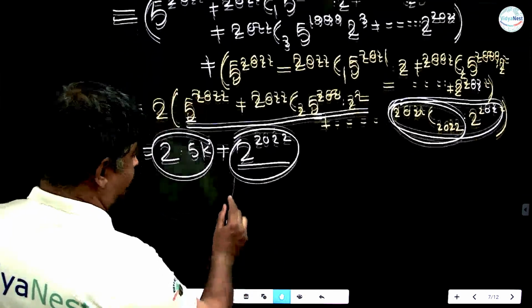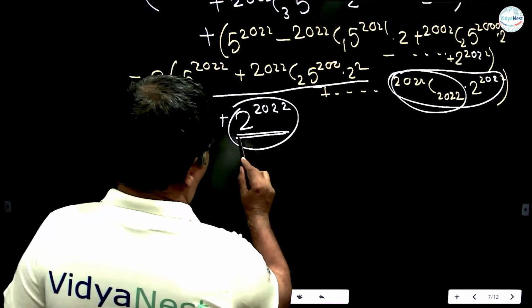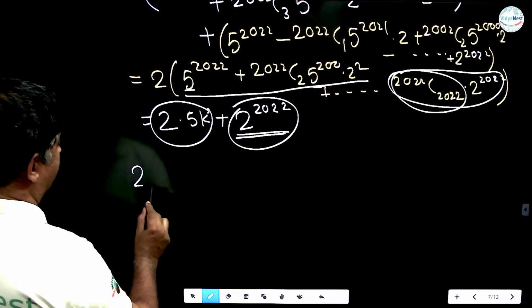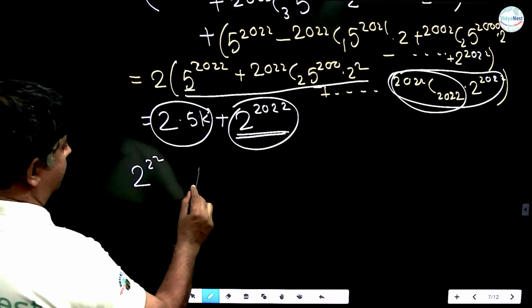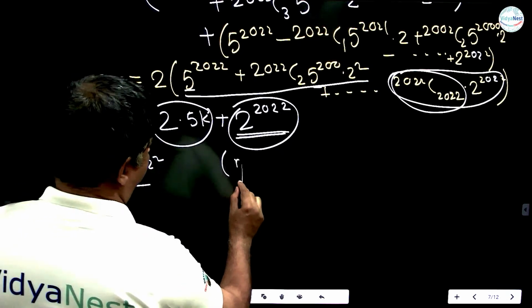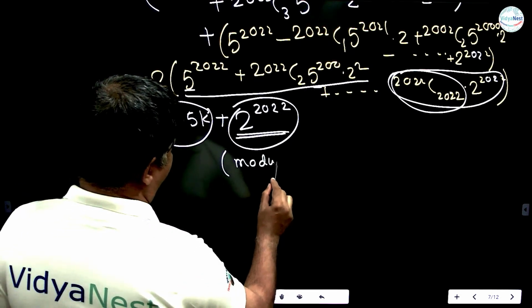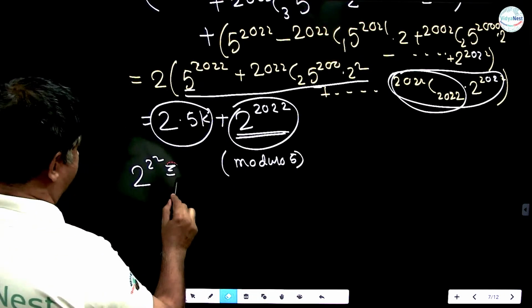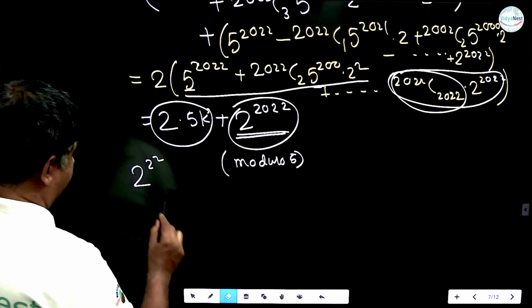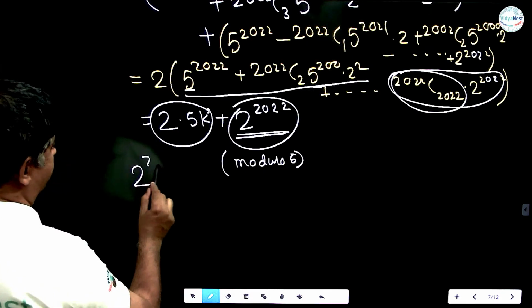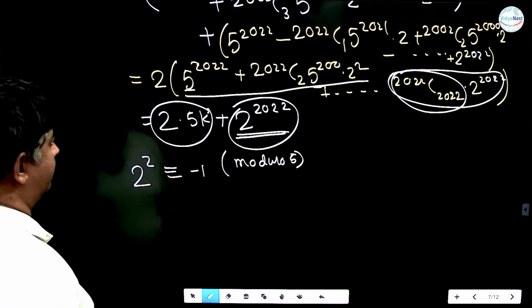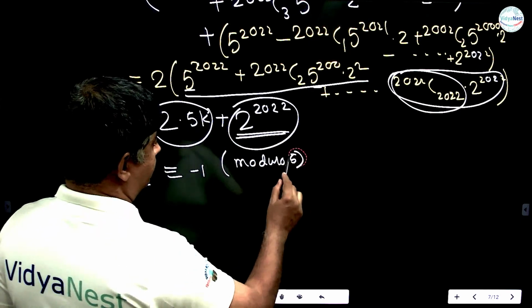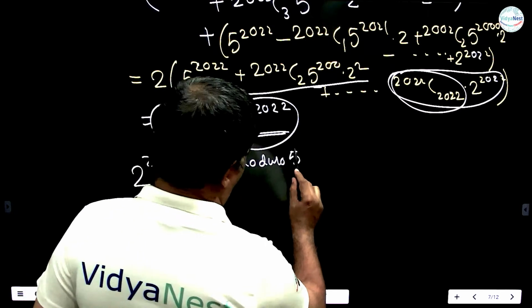See, 2 square, if you divide by 5, it is called modulo. Remainder is -1. 2 square when divided by 5, remainder is -1.